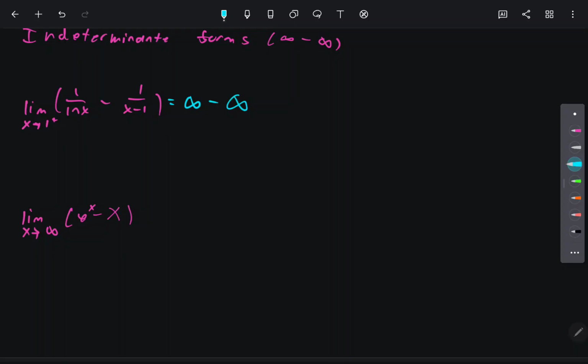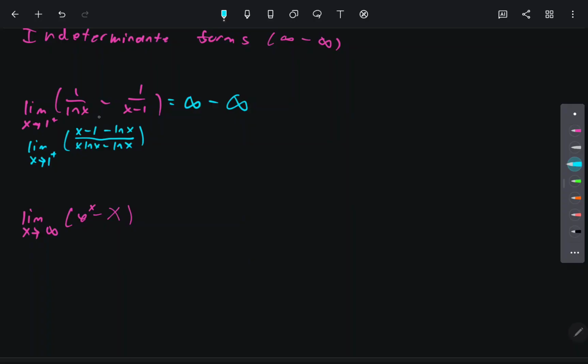So what we do to evaluate these limits is we have to use some algebraic manipulation first. So we're going to get a common denominator here. So we get x minus 1 minus the natural log of x divided by x natural log of x minus the natural log of x.